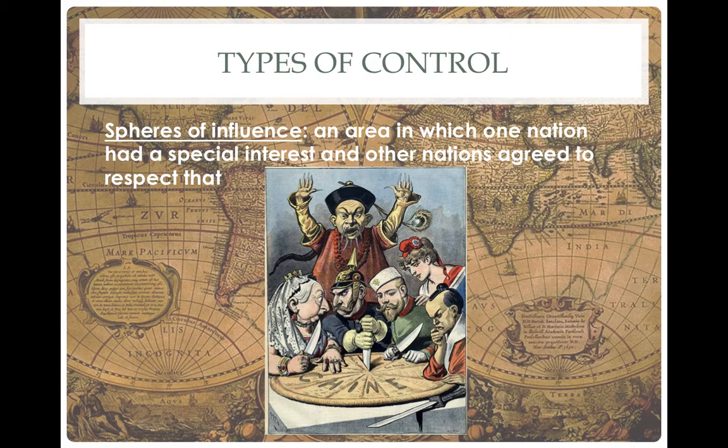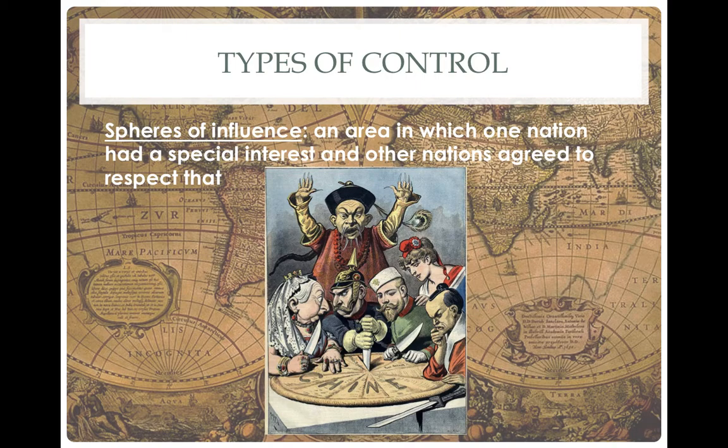A protectorate, the big country protects the little country in exchange for resources and foreign influence over the country, like political power and stuff like that. Finally, a sphere of influence, countries carve up a big country, everyone gets a little piece of the pie, and has influence in their area. Okay, those are the 4 types of control that countries can impose on other countries.